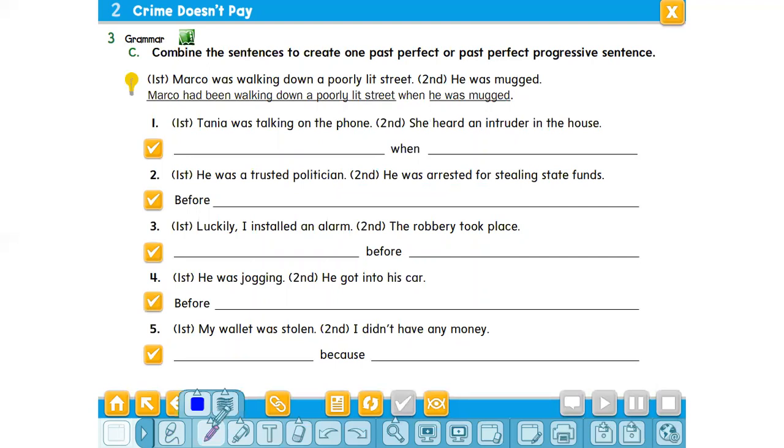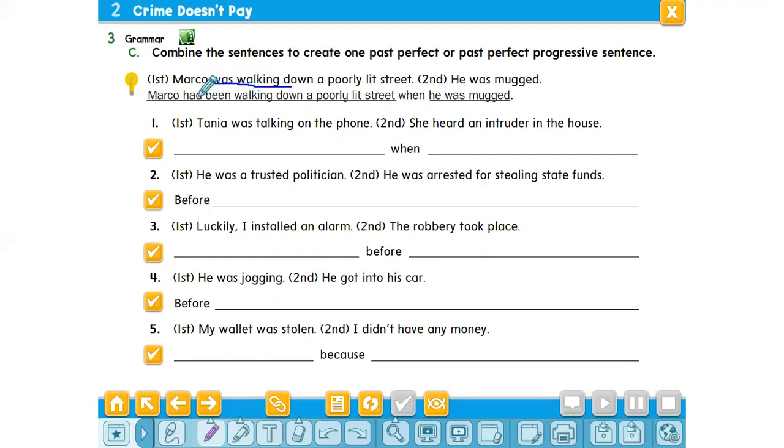Okay? At first, we should determine or underline the main verb here: was walking, past progressive. This is the first action, so we change it into past perfect progressive because the main verb is past progressive.